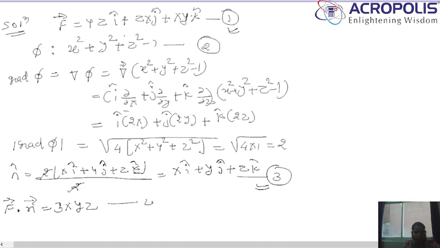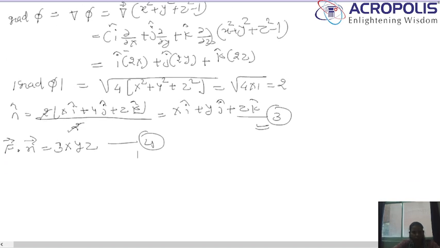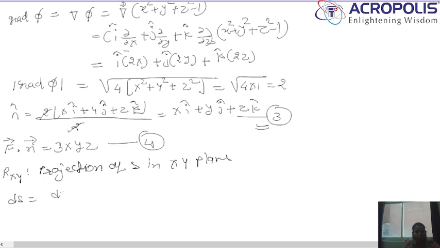So equation number 4. Now our sphere, the part of the sphere lying in the xy plane. In this case, we take the projection in the xy plane. Therefore, we will use ds is equal to dx dy upon n cap dot k cap.